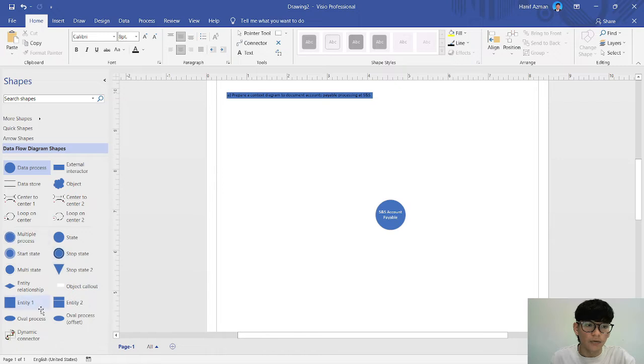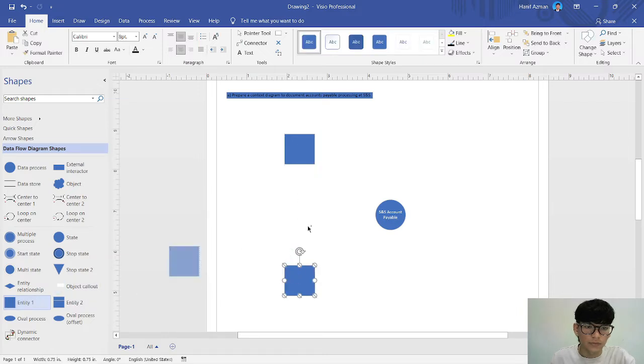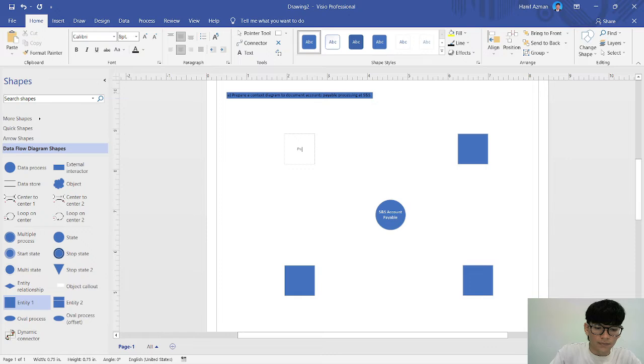And then there are 4 entities interacting with S&S accounts payable. The first one is purchasing.